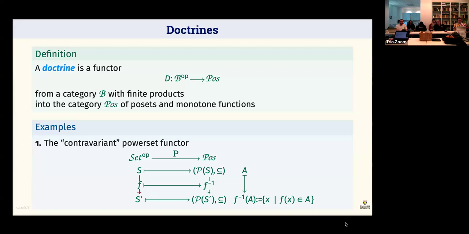So a doctrine. Now the name doctrine, maybe I should warn you with flashlights. The name doctrine is so nice, especially when referring to things that have to do with logic, that it has appeared and reappeared in very different disguises in, well, not just in category theory.